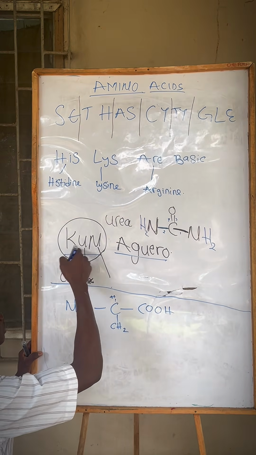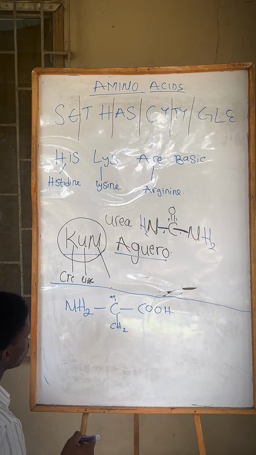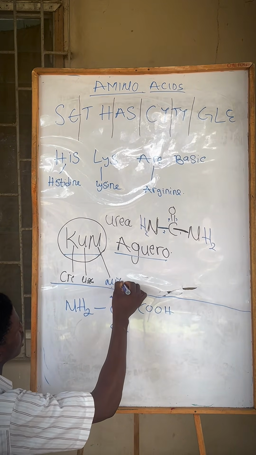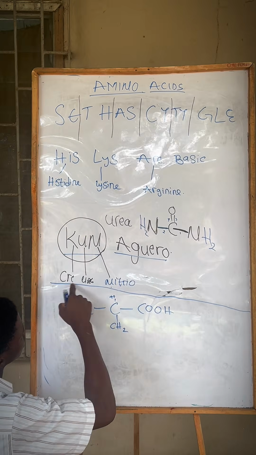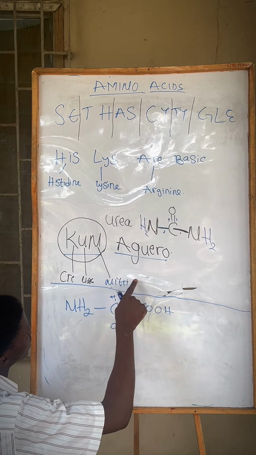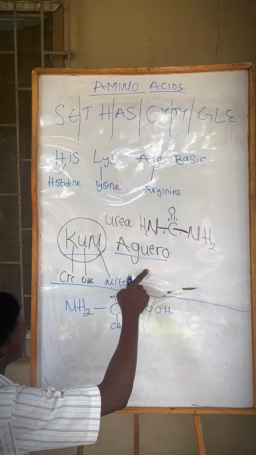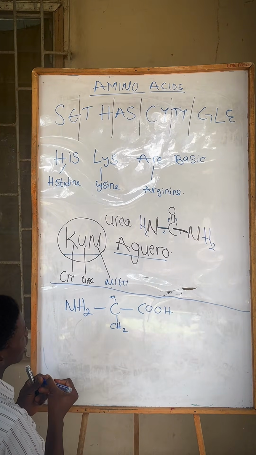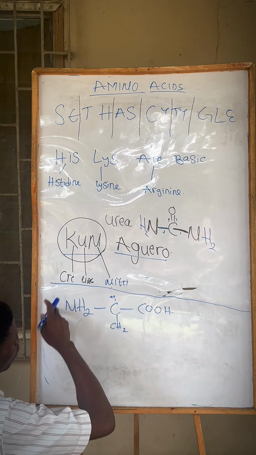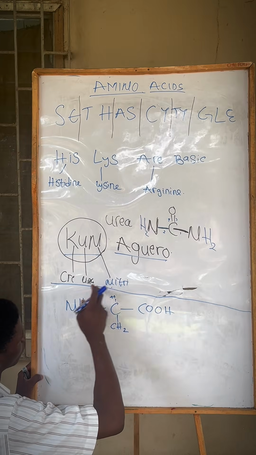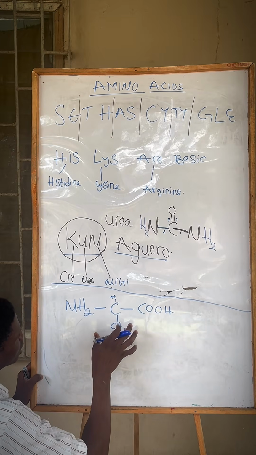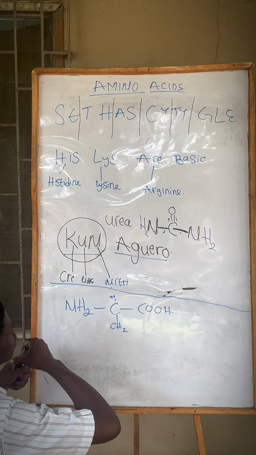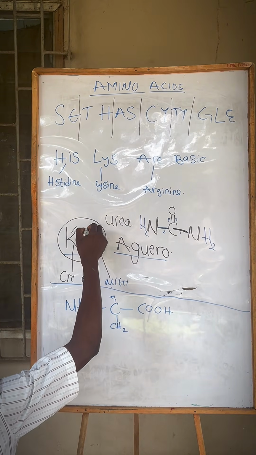This KUN is telling me that I'm going to add 3 things. I'm not adding urea, creatinine. Creatinine, urea, and nitric oxide are just telling you the derivatives, that is the things you can get from your arginine. This KUN is also telling you that after you've drawn the structure of your alanine, the next thing is to add 3 things to it, which is KUN.